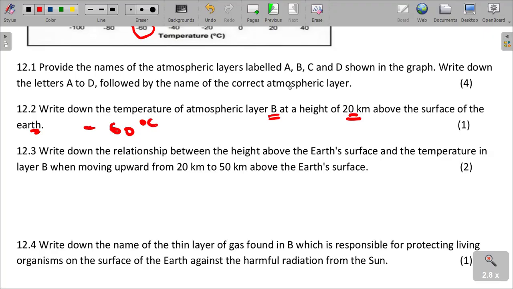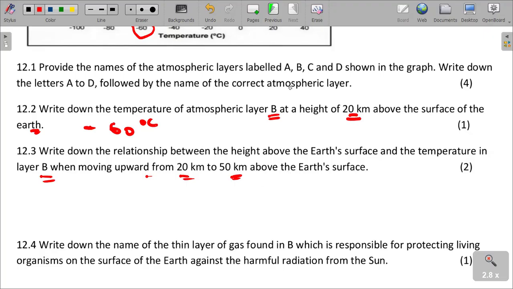And then the next question is saying, write down the relationship between the height above the Earth's surface and the temperature in layer B when moving upwards from 20 to 50 kilometers above the Earth's surface.